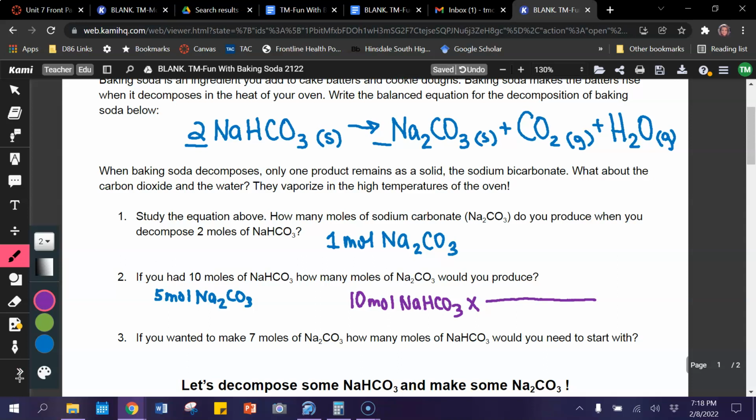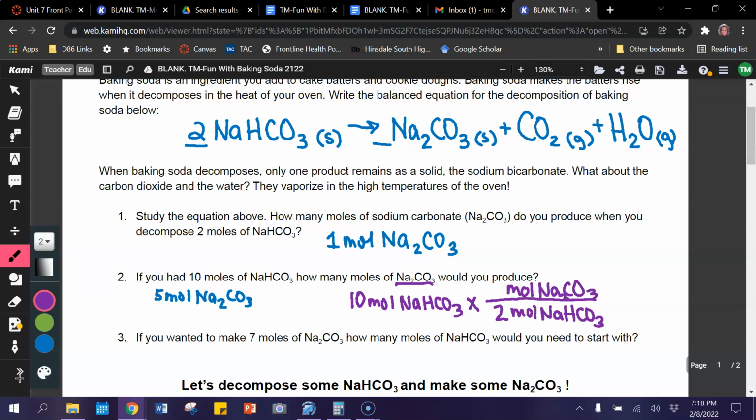Since I have moles of sodium bicarbonate here, I'm going to put moles of sodium bicarbonate on the bottom so that I can cross it out when I do my math operation. And the number that goes here is the coefficient from the equation, which is 2.